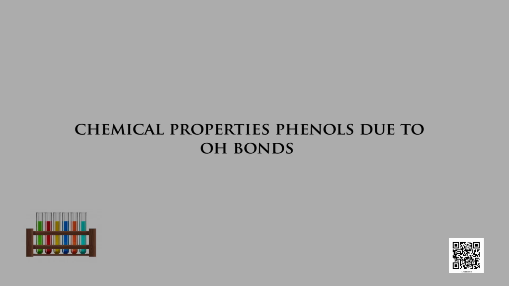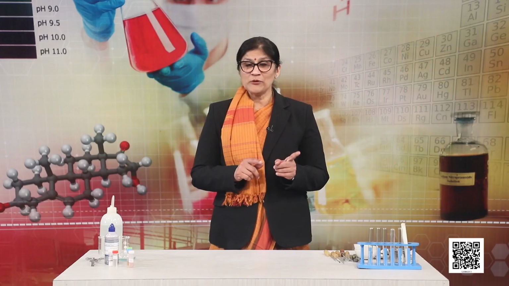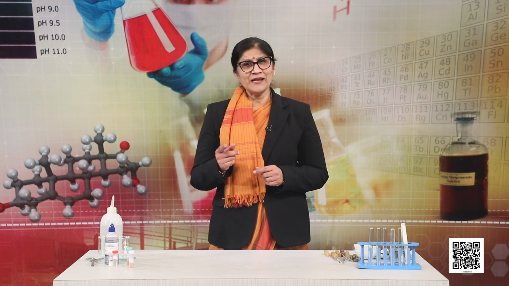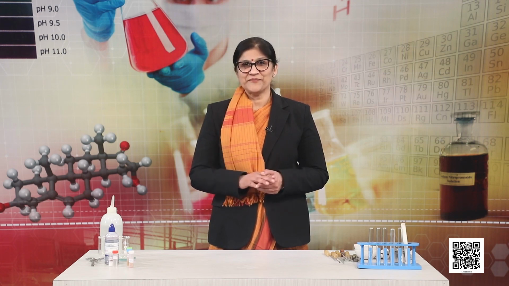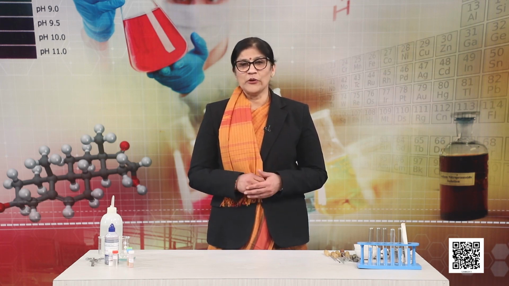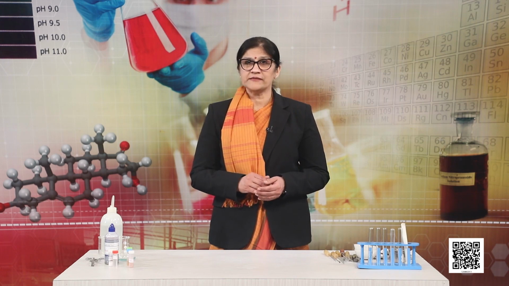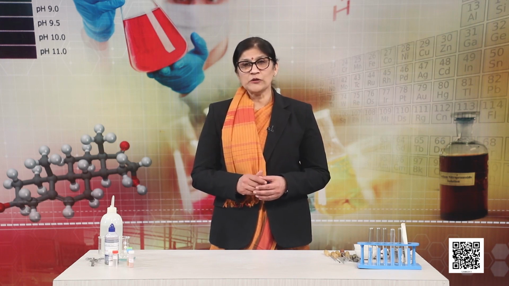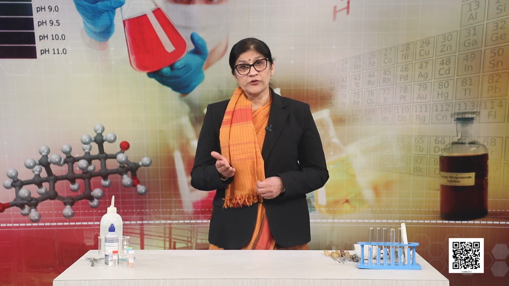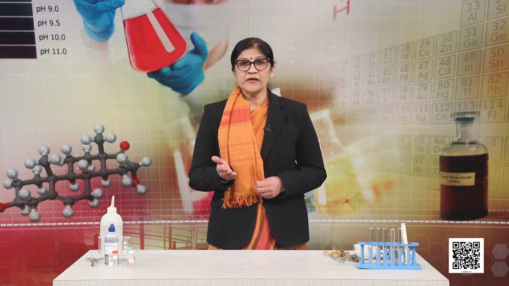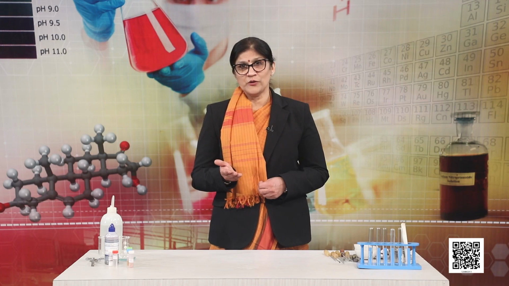So dear learners, we are studying about the chemical properties of phenols due to cleavage of OH bonds. The first one we studied about the acidic nature. The second one coming up is esterification. Alcohols and phenols react with carboxylic acids, acid chlorides and acid anhydrides to form esters. In substituted phenols, the presence of electron withdrawing groups such as nitro group enhances the acidic strength of phenol.